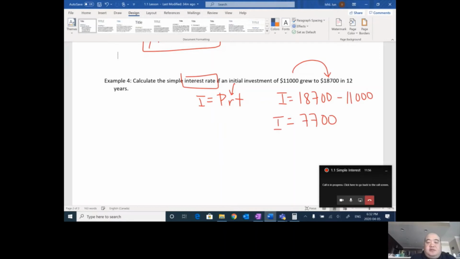So that's the interest. So I'm going to plug that number in there for this I. So 7,700 equals principal of 11,000 times the rate times the term, which is 12. Okay, so we're going to solve for R.